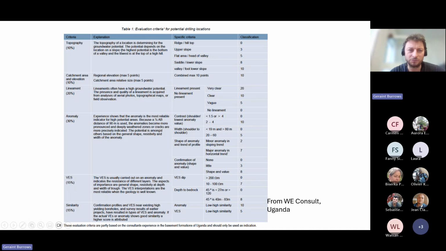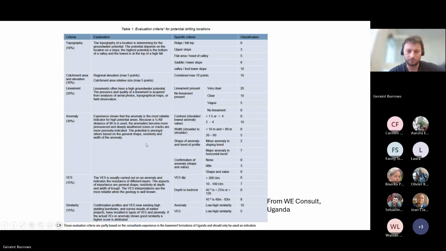So they're saying if the topography of the location is determined for the groundwater, if you're in a valley or a lower foot slope, then the likelihood of getting water is higher than if you're at the top of a hill. If the lineaments from aerial photographs or topographic maps are very clear, then you're going to be much more likely to get water than if you can't find any lineaments.